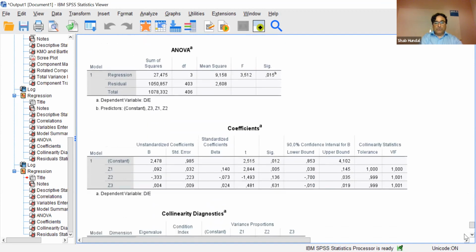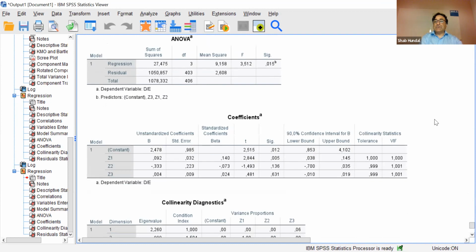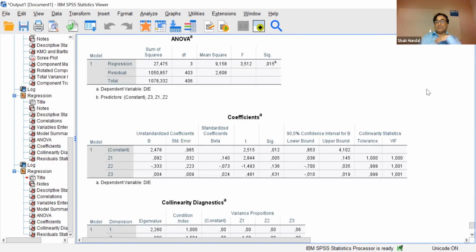And then we look at the coefficients and we find that now our Z1, which was absolutely junk in the previous analysis, now this is significant because we calculated stock return too many times. That's why. So this is the beauty of the principal component analysis, that it can filter out the unnecessary things.